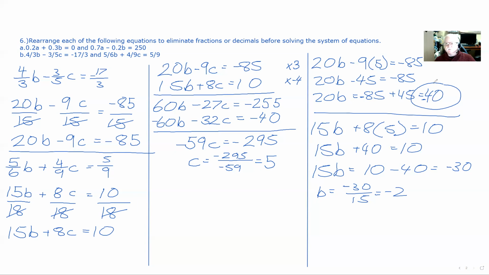I got to negative 40, put a circle around it, and said, we're good to go. How dumb was that? I missed out. b equals negative 40 divided by 20 equals negative 2.